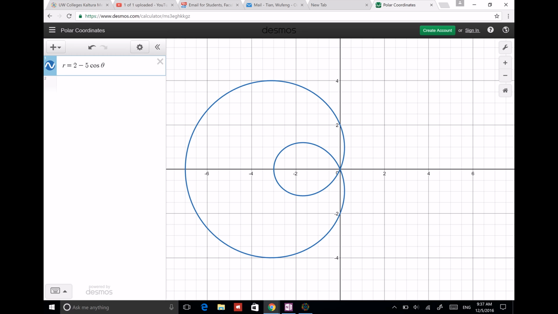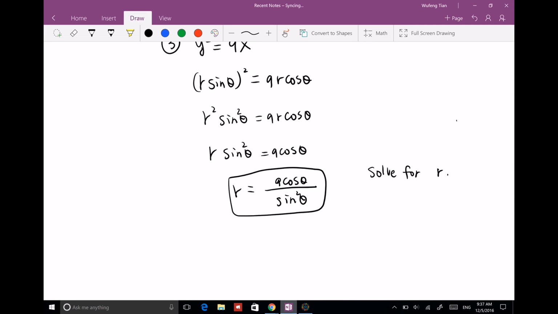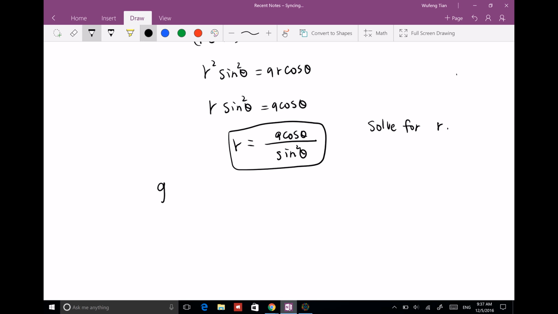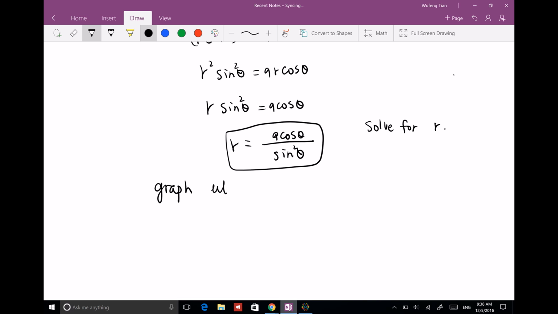Okay. So, the graphing picture: your graphing calculator should have that function. If you need help, you can Google your calculator name, like a TI-83 model, and graphing polar equation. You should be able to find the instructions on how to use it.